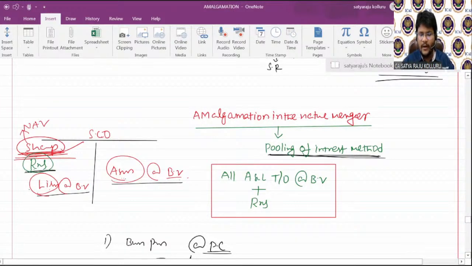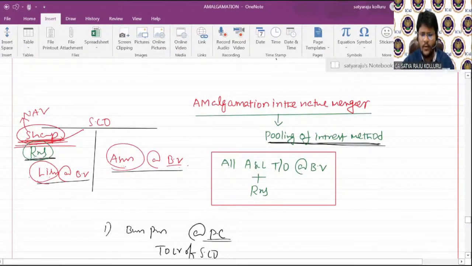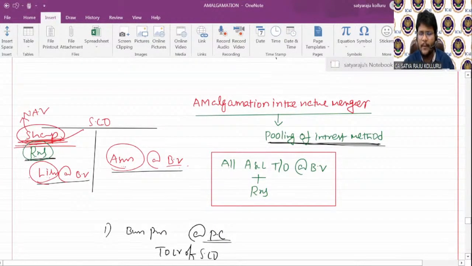In the last lecture, we started the concept of amalgamation in the nature of merger. The difference between amalgamation in the nature of purchase and amalgamation in the nature of merger is: all assets and liabilities are taken over by the purchasing company at book values.